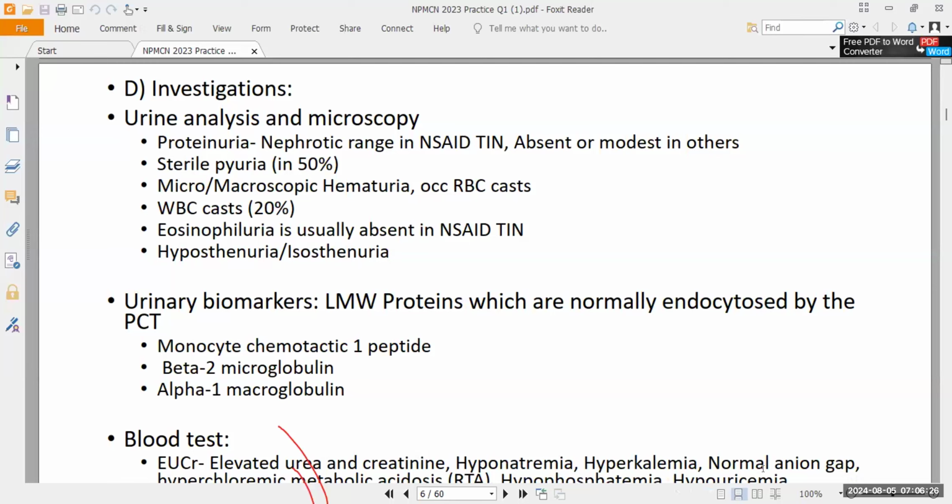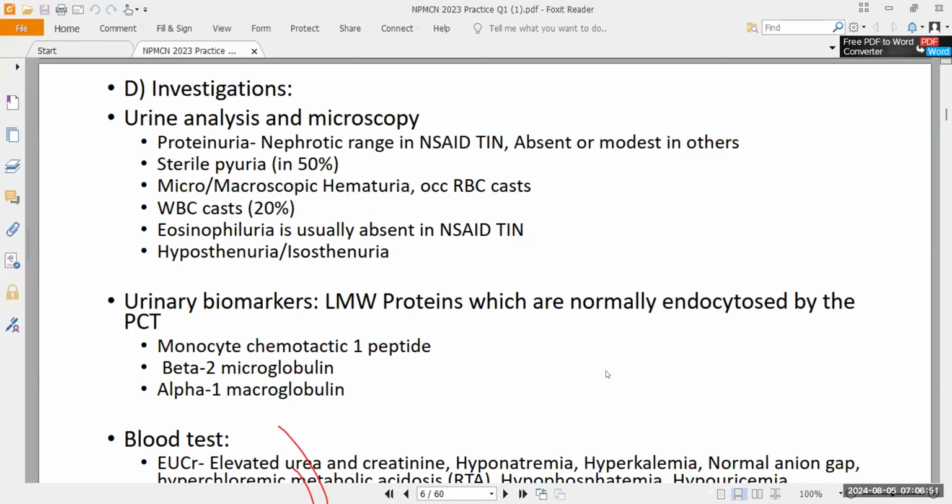There could also be red blood cell cast or white blood cell cast. Eosinophiluria is typically absent in NSAID-induced tubulointerstitial nephritis, unlike in other forms of tubulointerstitial nephritis. They could also have hyposthenuria or isosthenuria.